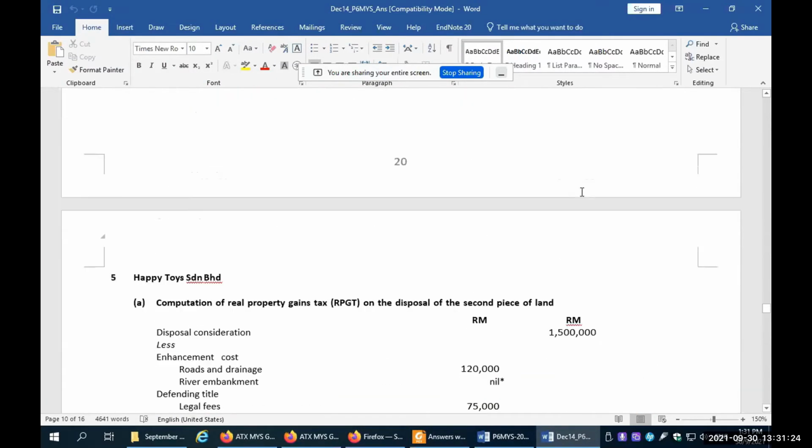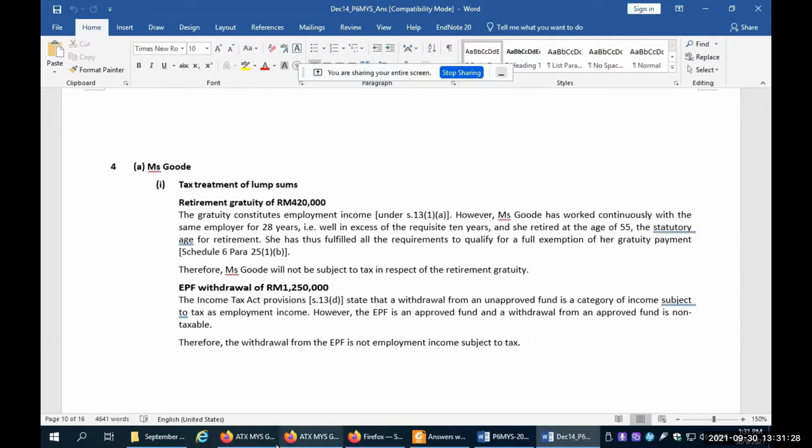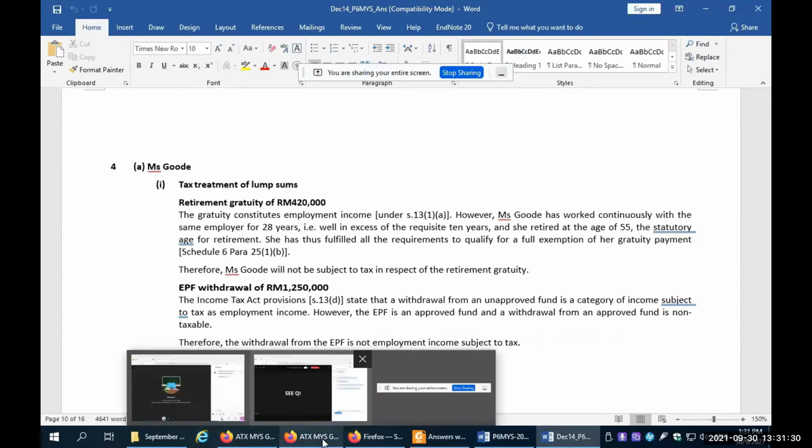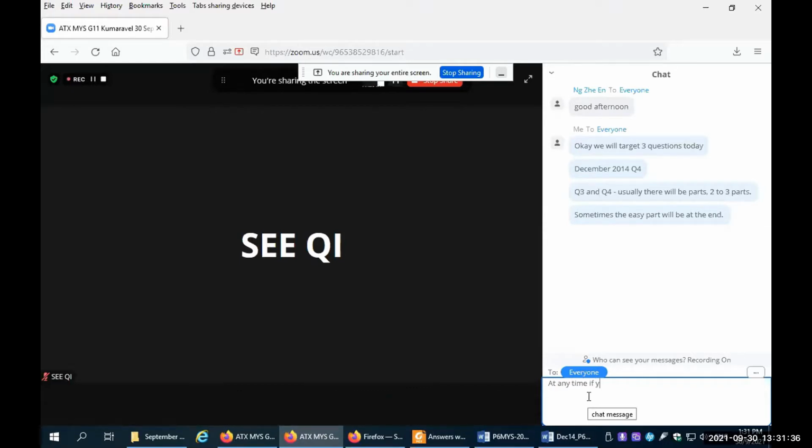Some I just highlight. So at any time, if you want the original answer, most of the things I've taken from the original answer, but I've changed the law.